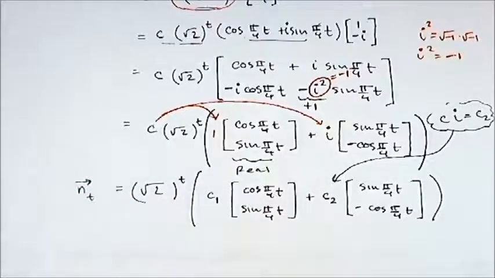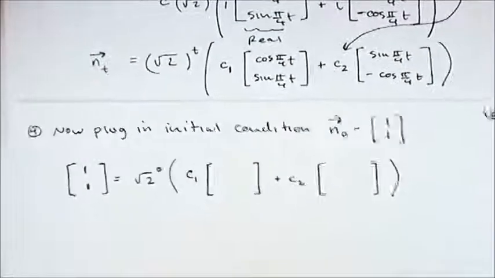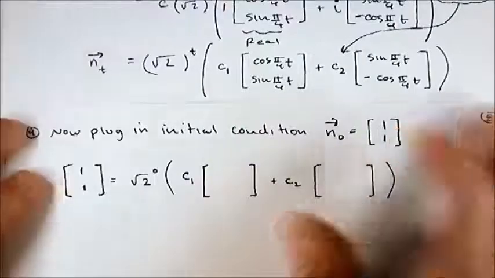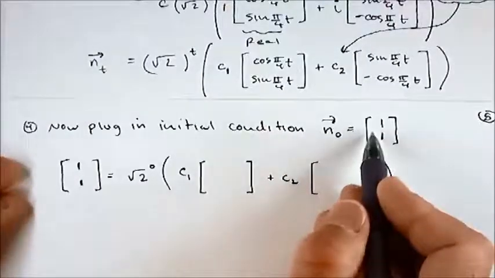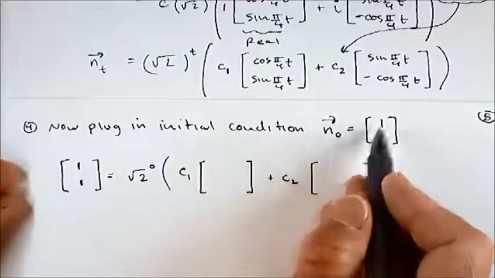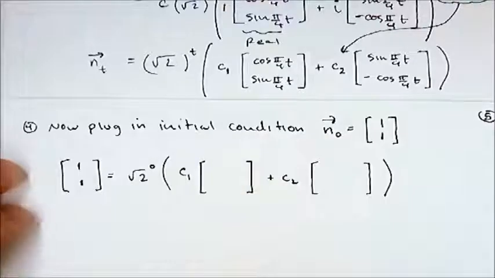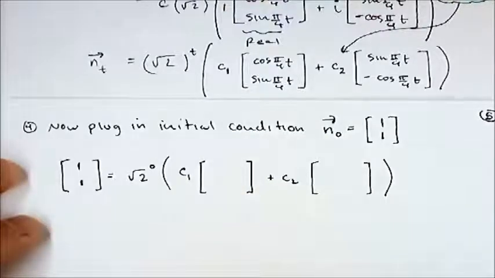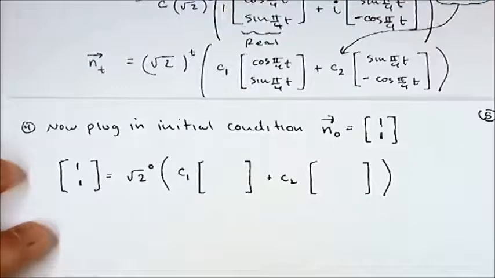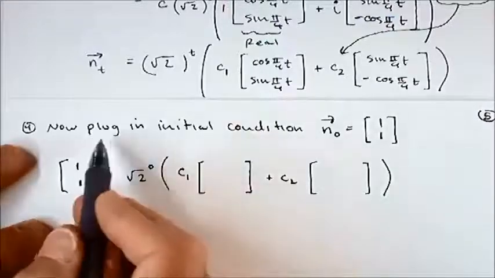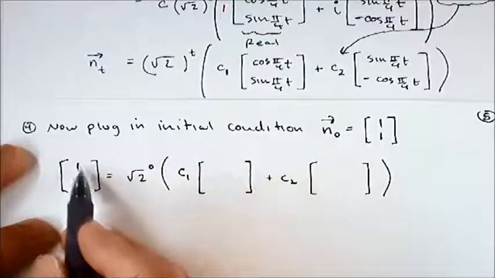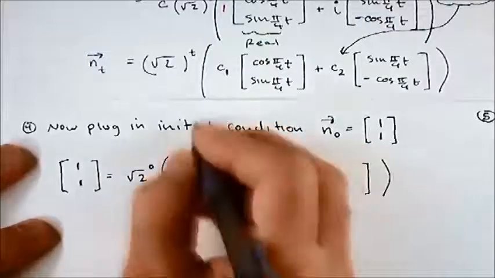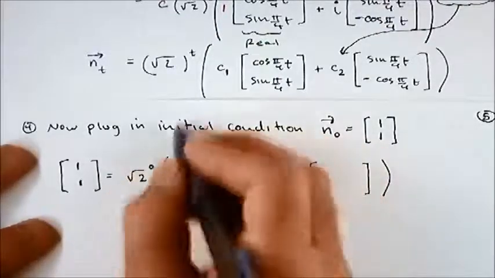We need to find our exact solution, which goes back, if you look back at the problem statement, it had an initial condition of n naught equals (1, 1). So if I set (1, 1), an initial condition means you're plugging in t equals 0, right?